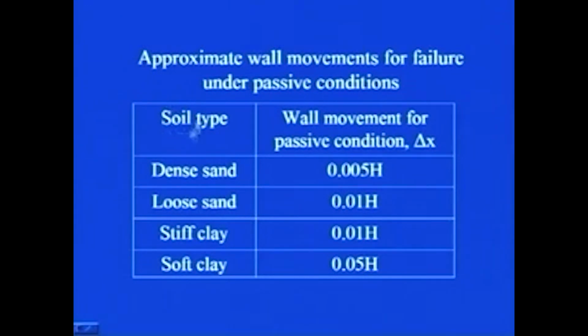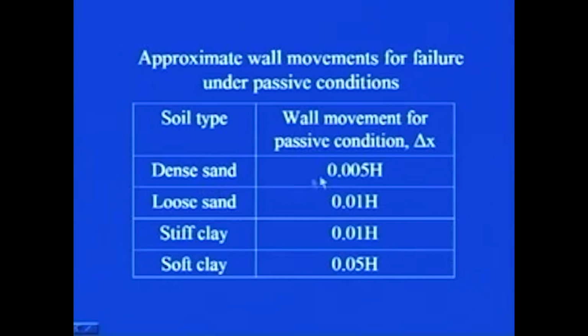Now, what is this soil? This is nothing but your backfill soil. Depending on the type of backfill soil, you can have different wall movement with respect to the vertical height of the wall. If you have a look at this particular table, you will get a little idea of how much the wall should be displaced in order to arrive at passive condition.